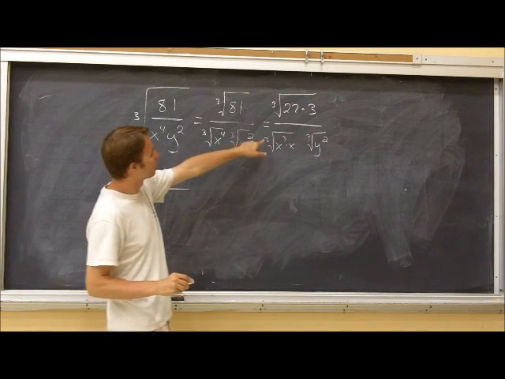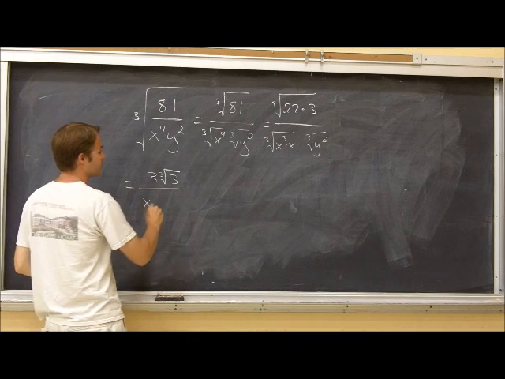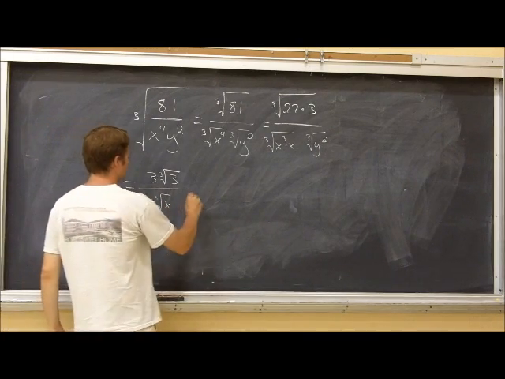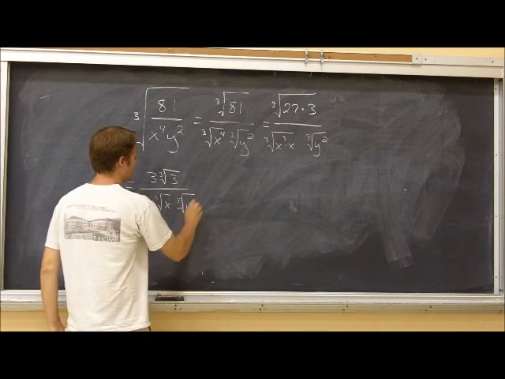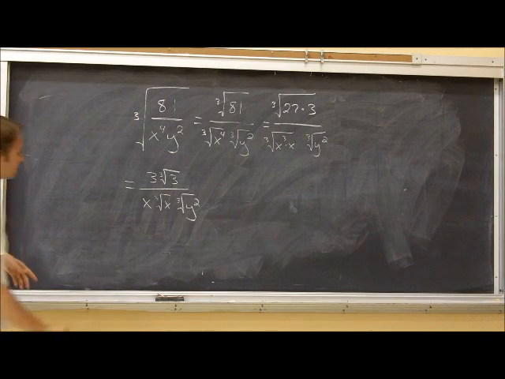And then here I can distribute this cubed root of x cubed, so that will become x, and then I have the cubed root of x left over, and then I'll just have the cubed root of y squared like this. If I wanted to, I could even make this a little nicer.